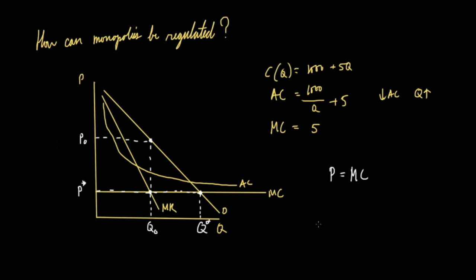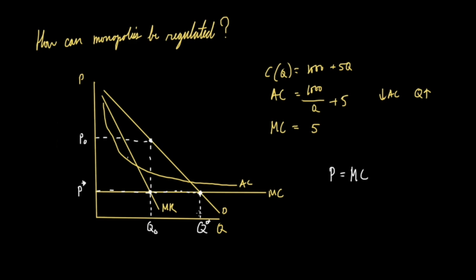However, in the previous video, we also talked about when the firm would choose to shut down or to still operate. And we said that the firm would choose to operate when price is greater than average cost, and it would choose to shut down when price is lower than average cost. And at this quantity here, at Q star and P star, where MC is equal to P, price is actually lower than average cost.